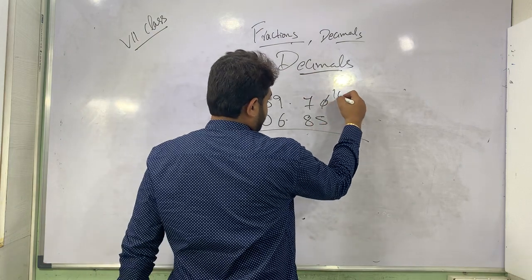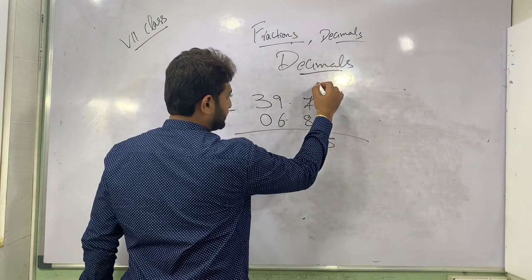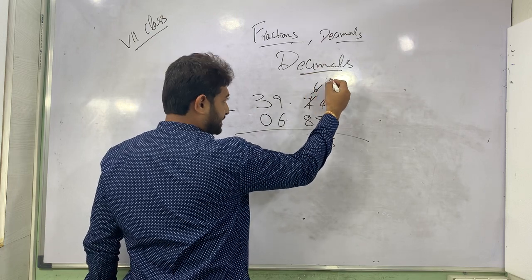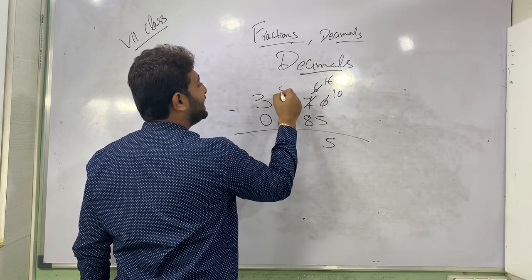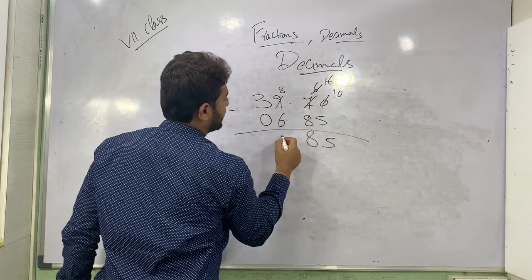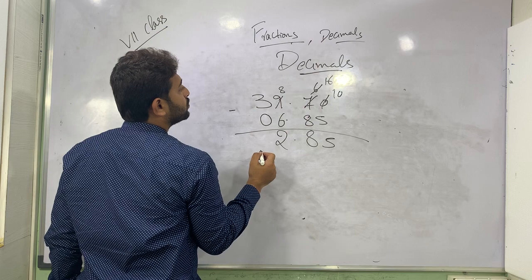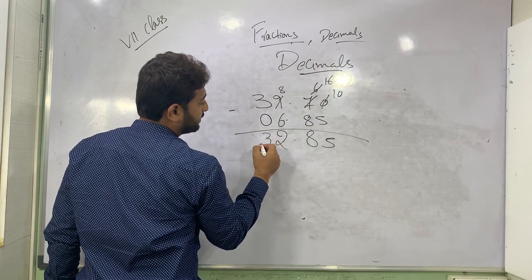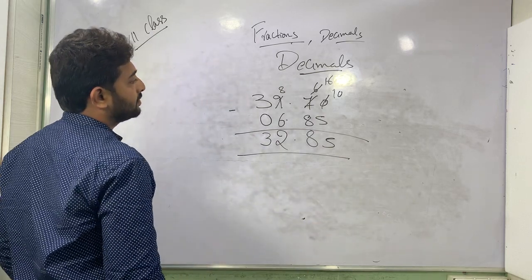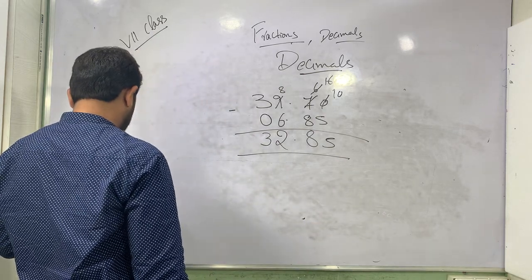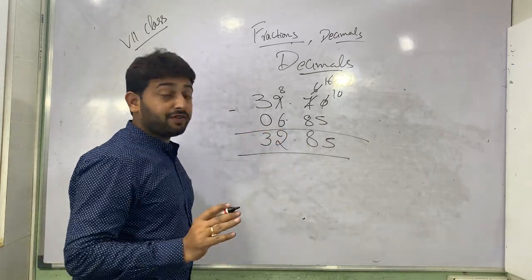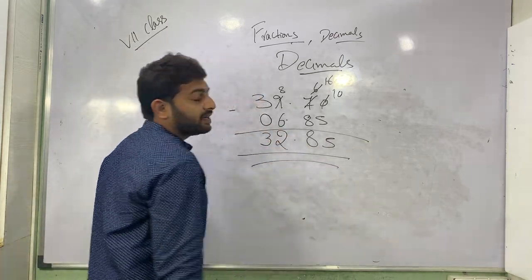Starting from the right, 10 minus 5 is 5, then 16 minus 8 is 8, and so on. So, clear, 39.70 minus 6.85 is 32.85.